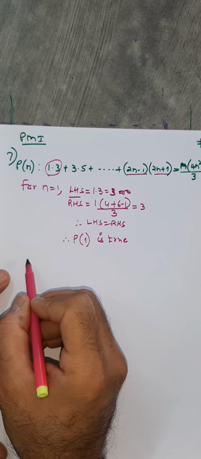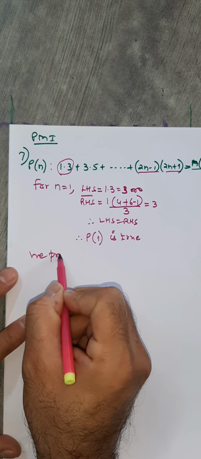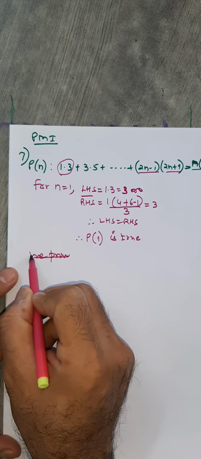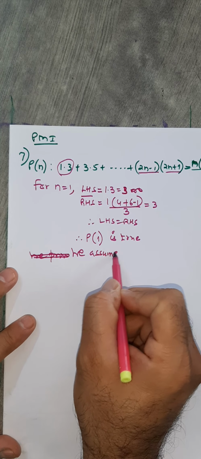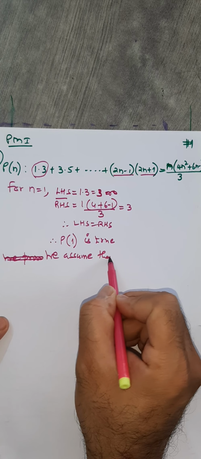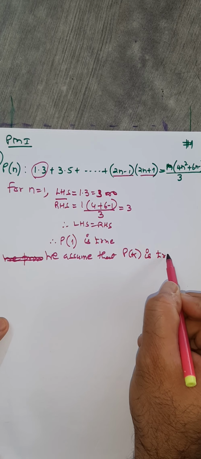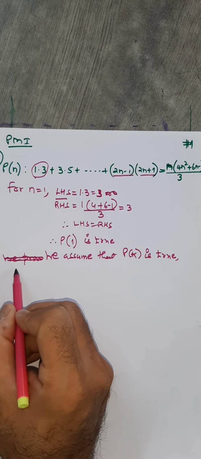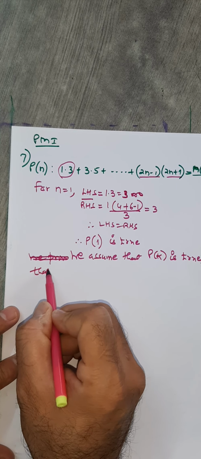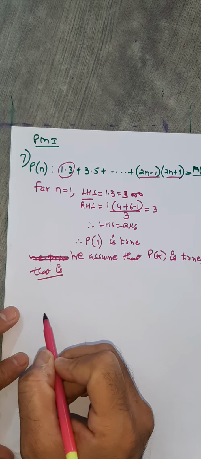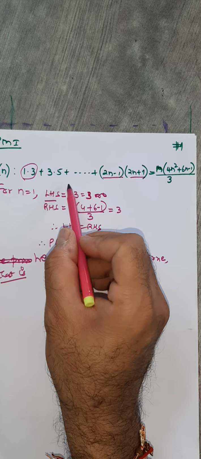Now the next step is your assumption part. We assume that P of k is true. This is our assumption. Let's write the meaning of it. Instead of n, you put k in this statement.